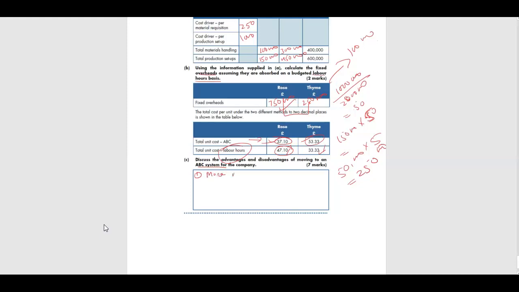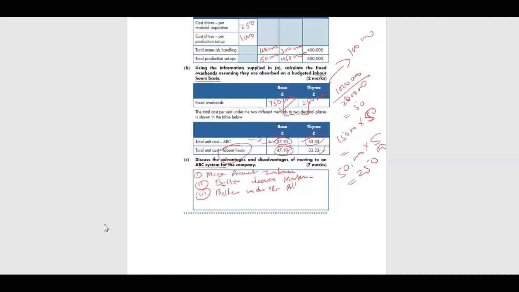The next one is that it will help us to take better decisions, so better decision making, and obviously that will give us a better understanding of the allocation of the overhead.